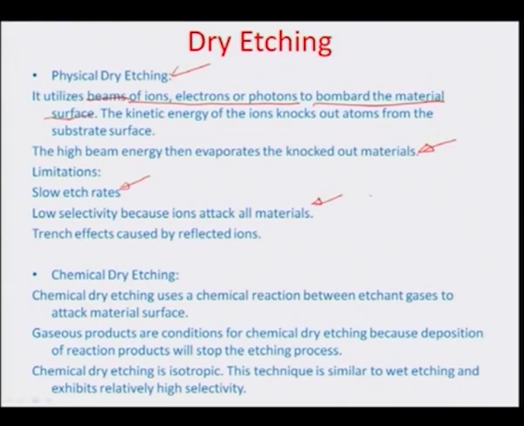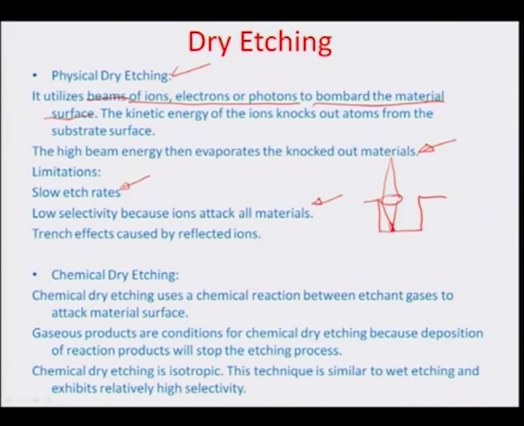Another very interesting effect here is the trench effect, which is caused by reflected ions. This is illustrated in this example: if you have a pit of this nature, and let us say you have an e beam which is coming and hitting the surface and trying to deliver some electrons.